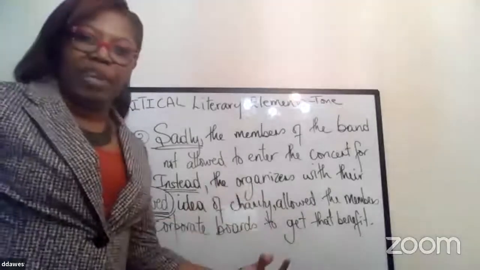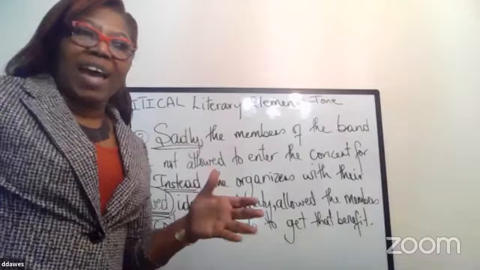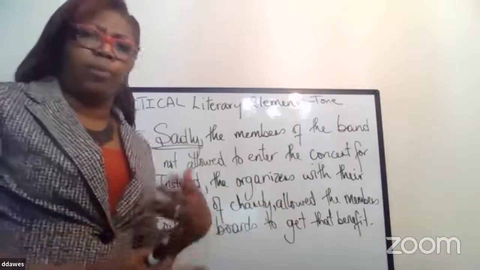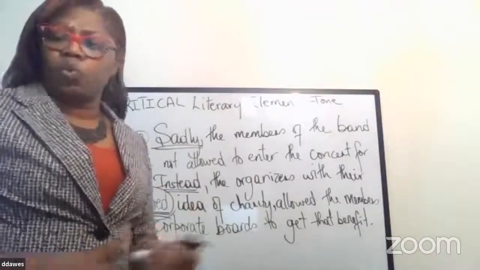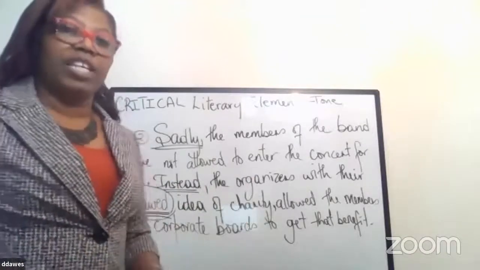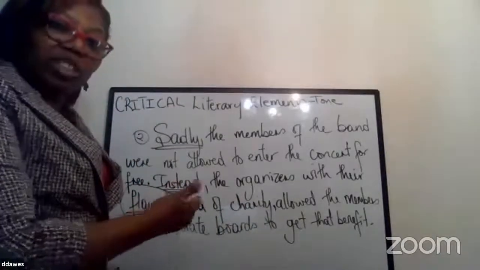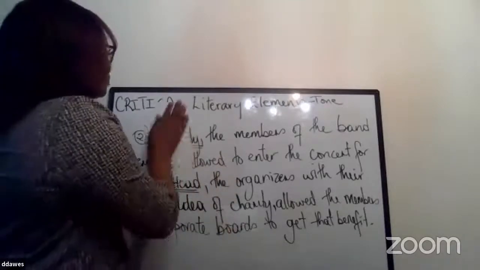So being critical of them, because the persons who were playing in the band, just a few persons, were not allowed to go in free, but these corporate members who could afford it, they were the ones who were being ushered in freely. So see how we use words here to determine the tone? Okay, let's look at another example.